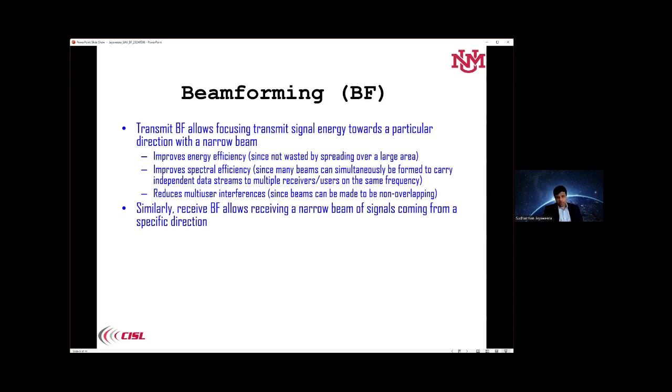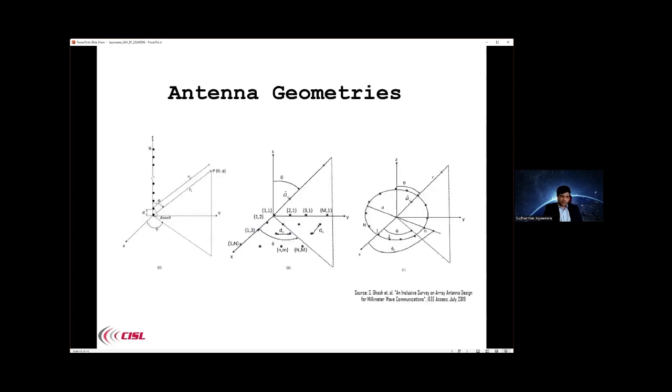So you can do beamforming in both transmit and receive directions. You can point the signal in a particular direction when you are transmitting, and when you are receiving a signal, you can also tune the antenna array to receive the signal energy from a certain direction, which is essentially the same mathematical principle.